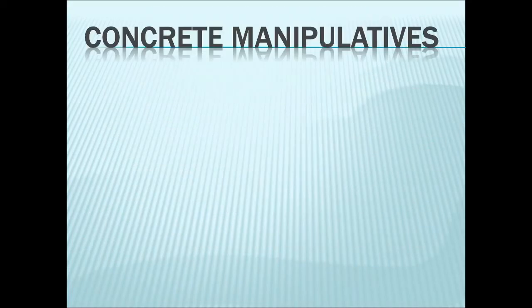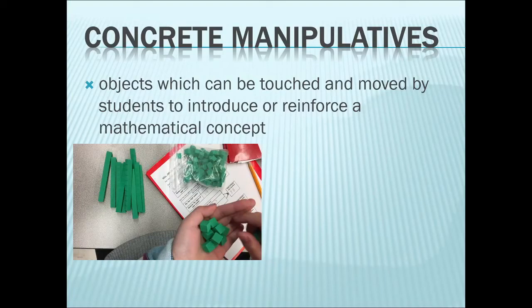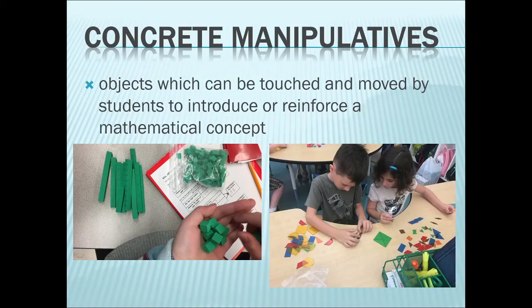Now, let's go to the 2 kinds of manipulatives. The first is what you call the concrete manipulatives. These are objects that we can touch or move to introduce or reinforce a concept. This one over here, this one over here. These are examples of concrete manipulatives.